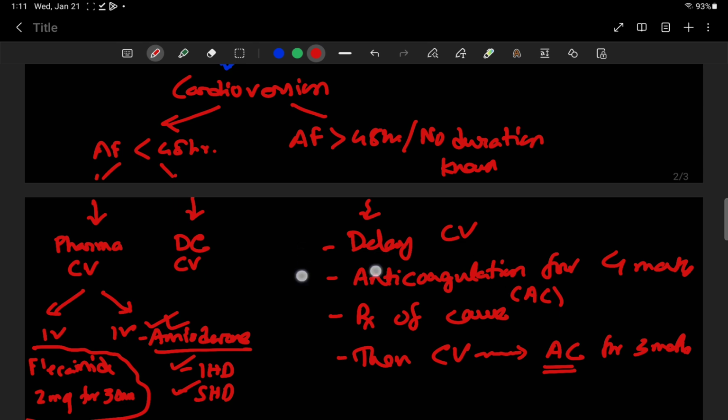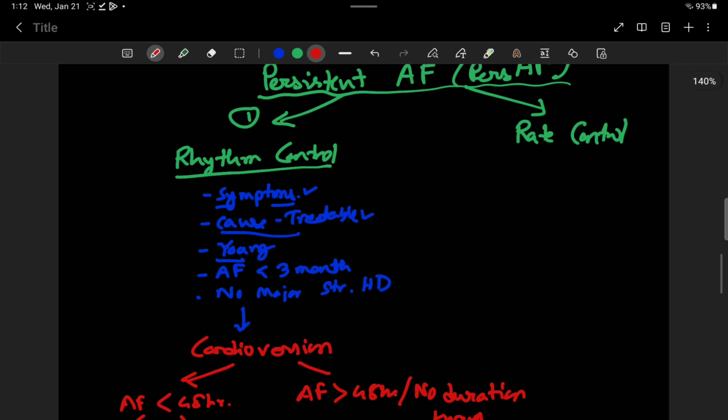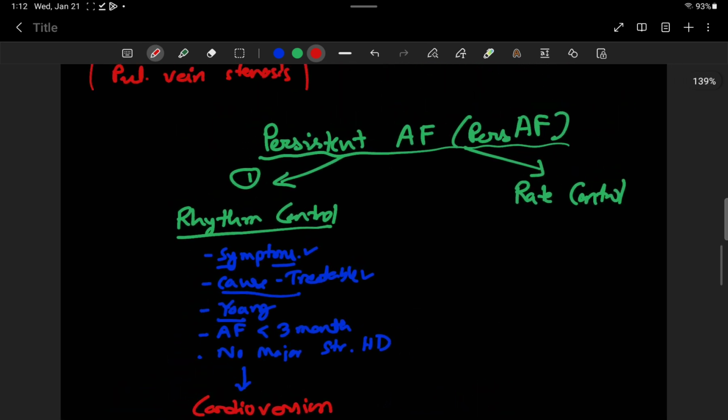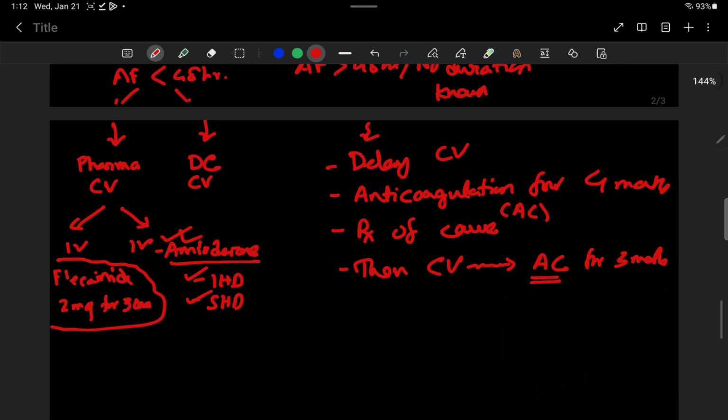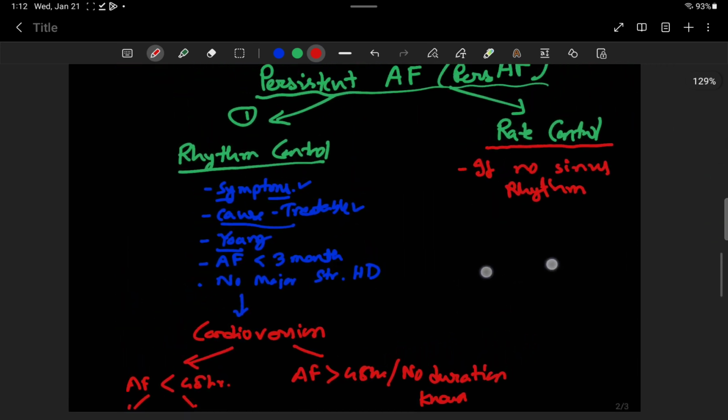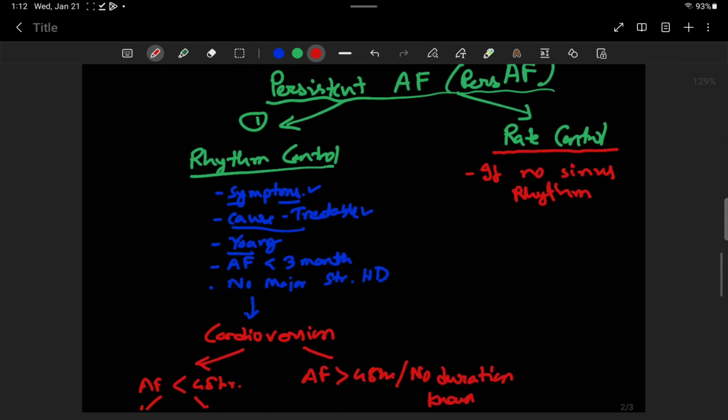Now you are using rhythm control drugs, rhythm control ways, but it's not working. The patient's condition is not improving. Sinus rhythm cannot be maintained. So if no sinus rhythm, keeping in mind all other options, we can go for rate control drugs.